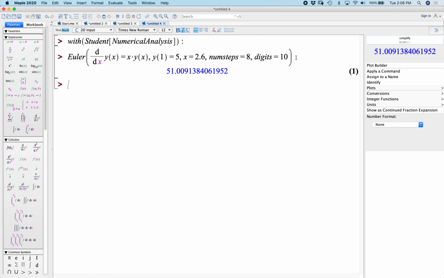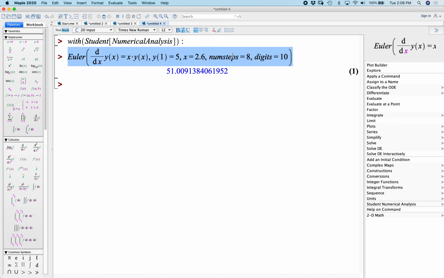Okay, so with the Euler approach and again this equation, you have the initial condition y(1) = 5, and you're going out to x = 2.6. Again, you're going from x = 1 to 2.6, so you have a jump of 1.6, and if you divide by the step size of 0.2, this leads to the number of steps, which will be 8. Taking what we have to 10 digits, notice we have 51.009, not exactly close to the exact result.